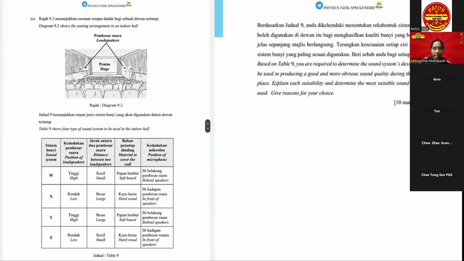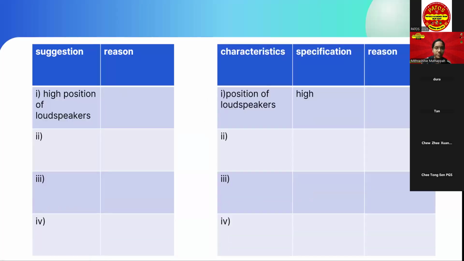So right now we have already explained all the suitabilities in the table, and we have to determine the most suitable sound system. We have to write back our choice along with our characteristics. It's correct, conclude. We have to conclude all the characteristics. So how do we conclude all the characteristics?